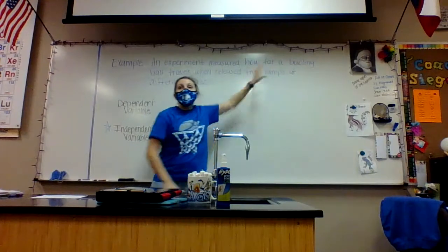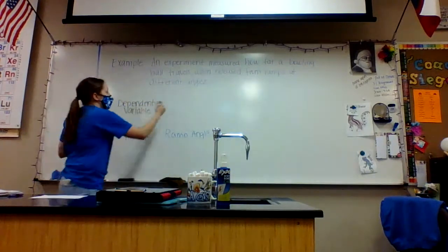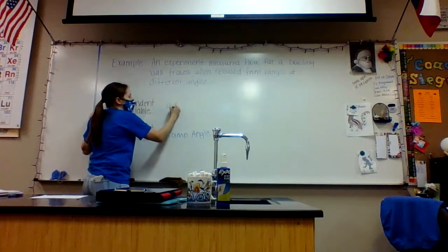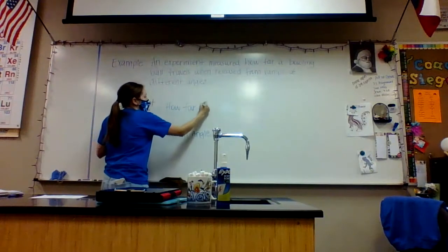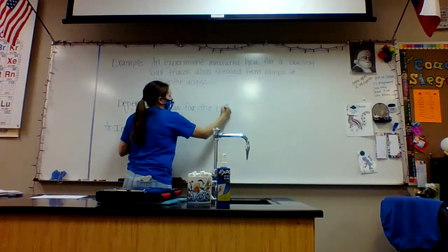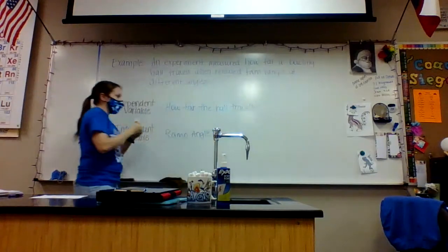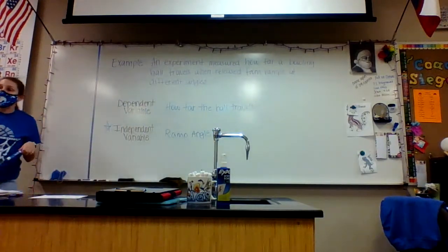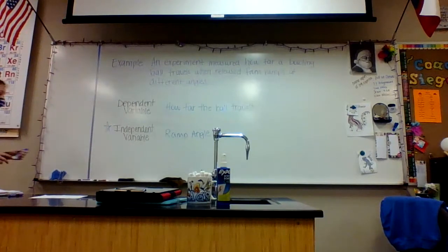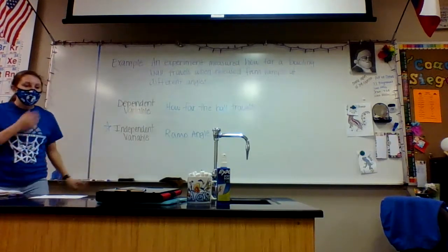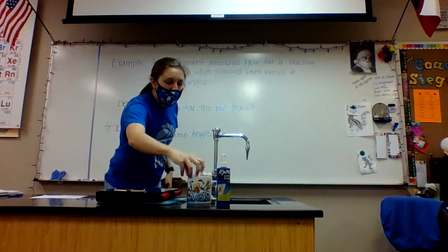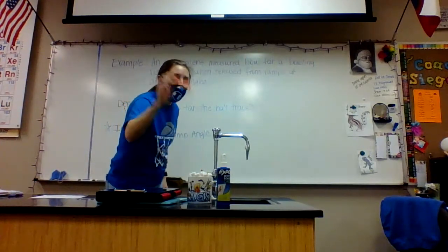So my dependent variable is how far the ball travels. I like to work backwards like that. I do my independent before my dependent, and it just helps me out. Maybe I'm weird, but I'm your teacher, and that's how I choose to teach you, so you're welcome.